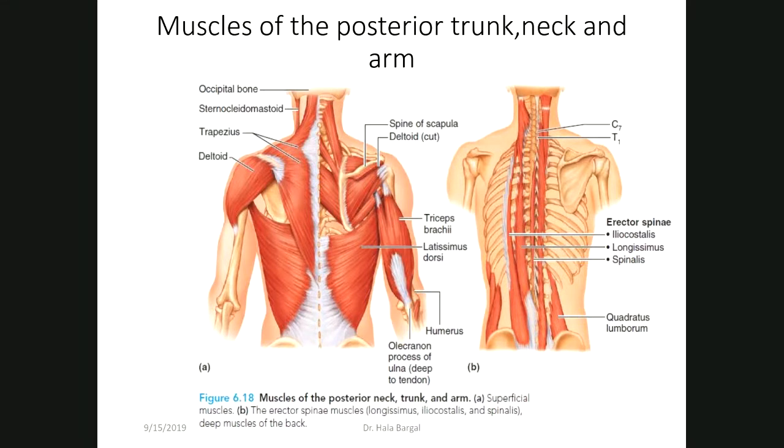Second is rhomboid minor and rhomboid major. Rhomboid minor and rhomboid major, as you see, they are named after their shape and size. Minor means small, while major means large. Okay, so that's the only group of muscles that you will study in the trunk, both anterior and posterior.